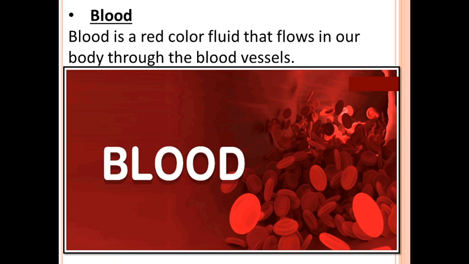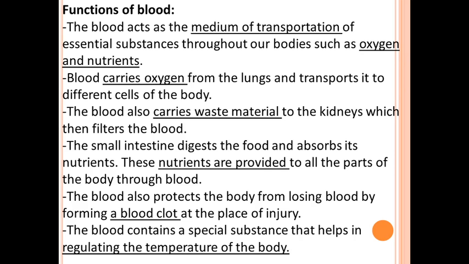Blood is a red color fluid that flows throughout the body with the help of blood vessels. Inside the blood vessels, our blood is flowing, which means our blood vessels act as a pipeline. Then we learned the functions of blood: blood is an important medium of transportation of oxygen and nutrients.